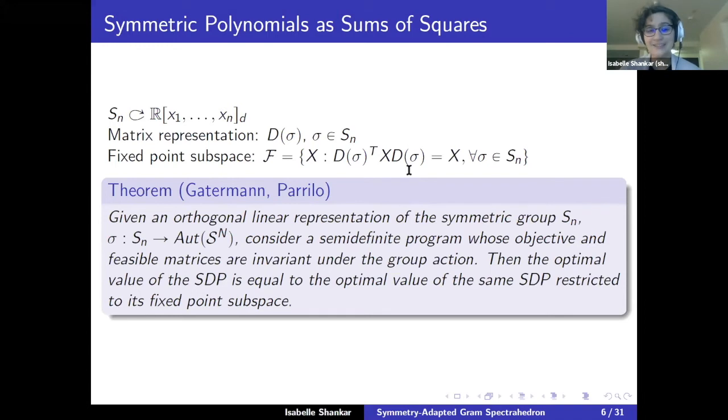That's really nice. The way we apply this is that for symmetric polynomials, the semi-definite program we get from trying to write the polynomial as a sum of squares is in fact an invariant SDP. So instead of searching over the entire PSD cone, we can search for a Gram matrix that commutes with our representation.